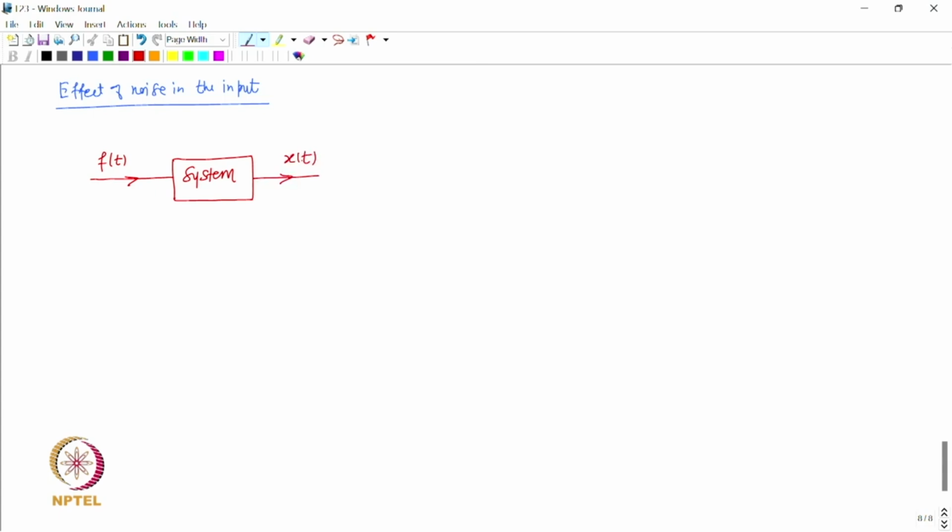However, the measured force has some noise. So we have some noise here, let us say, and that is represented by q of t, and this is f bar t, which is the measured force.